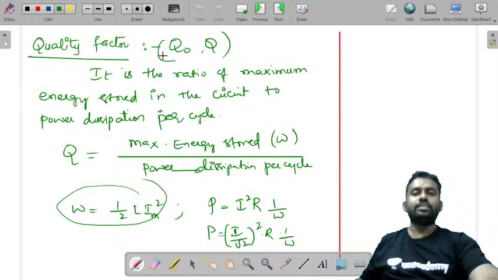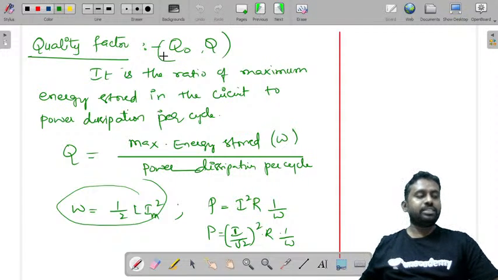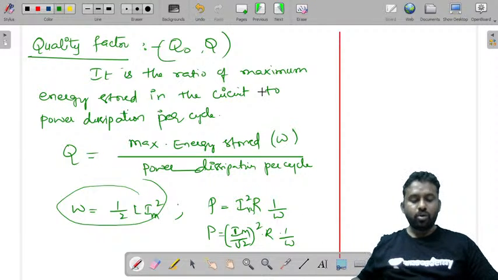Maximum energy stored is half L I square or half C V square, and power dissipated per cycle is I square R into 1 by omega. This is I RMS, that is I maximum by root 2 whole square into R into 1 by omega.